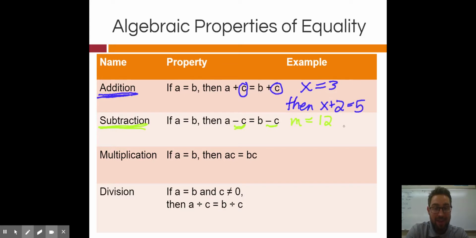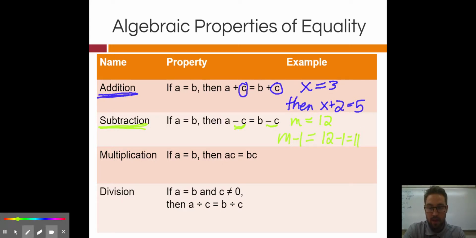And if I subtract the same thing from both sides, this will still stay an equal statement. M minus 1 equals 12 minus 1, and 12 minus 1 is 11. So is that still a true statement? Does M minus 1 equal 11? It does if we said that M equaled 12.